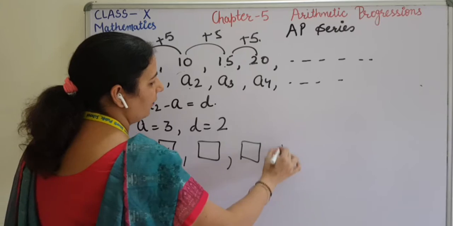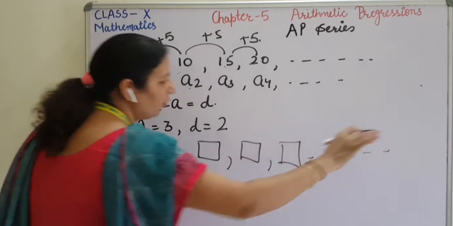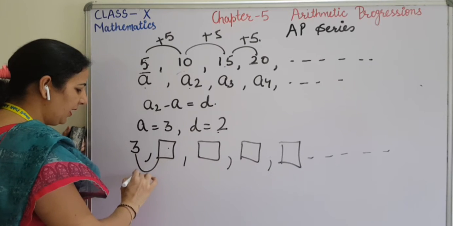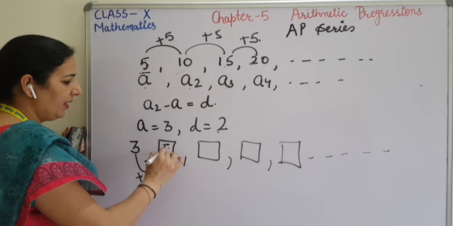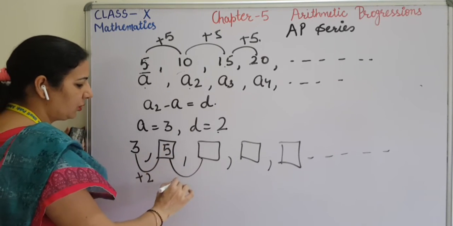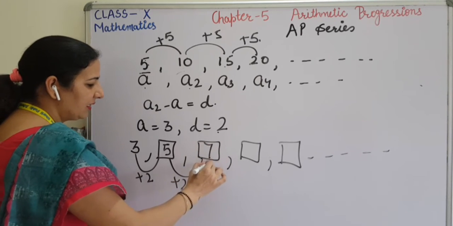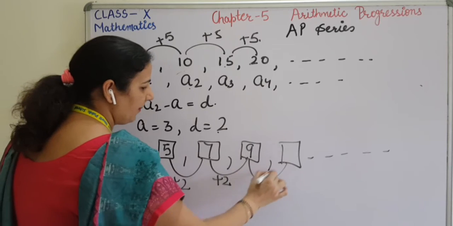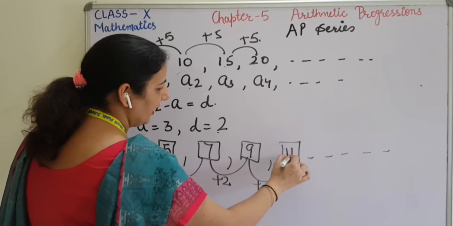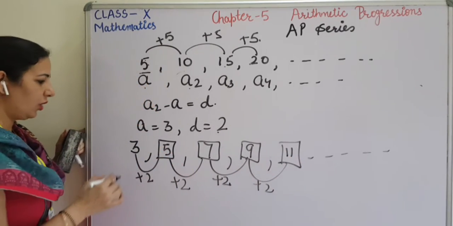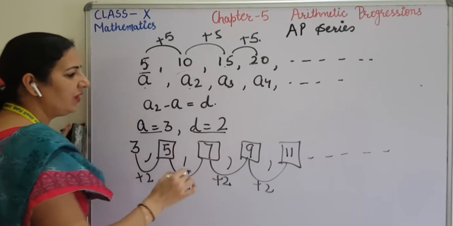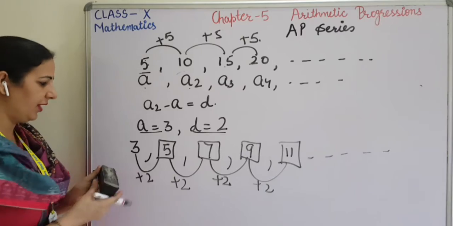Fourth, fifth, not given. But they have given D is 2, meaning plus 2. The answer will be 5. Plus 2, the answer will be 7, plus 2 is 9, then plus 2 is 11, and so on. So if they provide us the first term and the common difference, we can calculate each and every term.